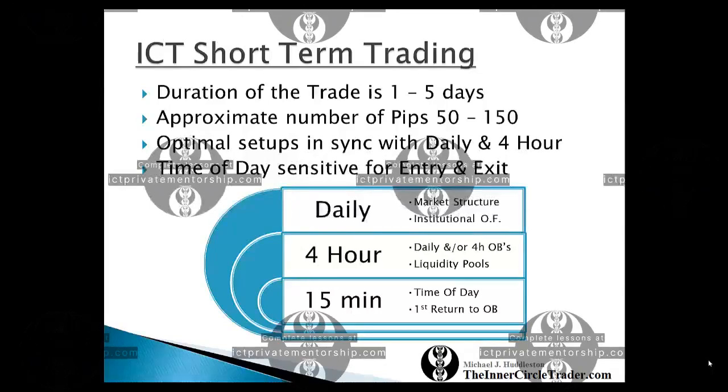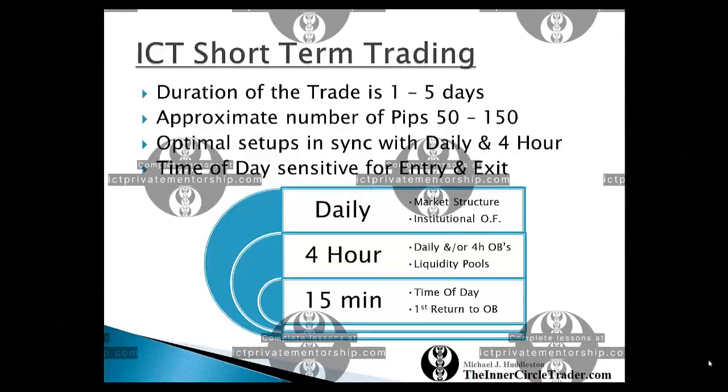On the 4 hour, we're specifically looking at the daily and 4 hour order blocks and liquidity pools. Where are the stops? Because where the liquidity pools are, that's going to line up for your future turtle soup entries. And we'll talk more about that as we get into this particular teaching.